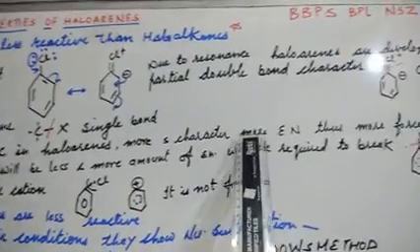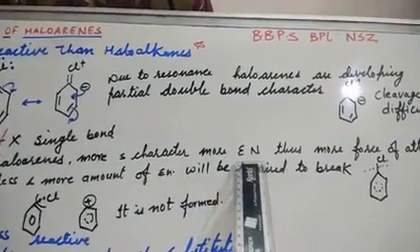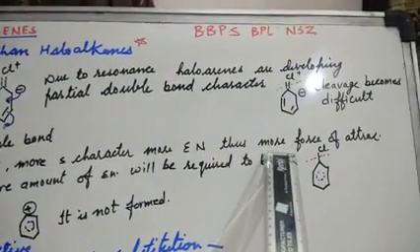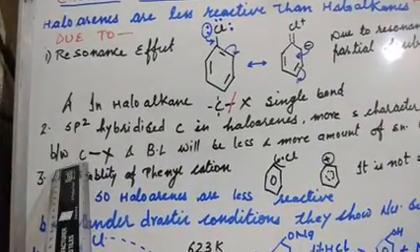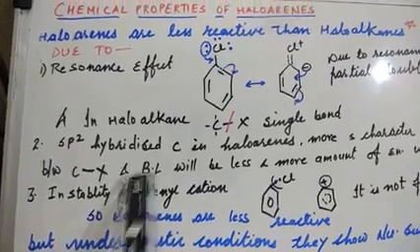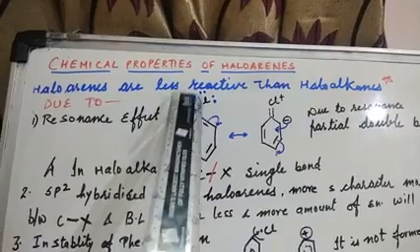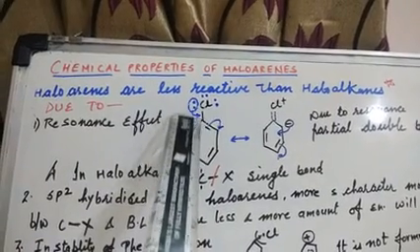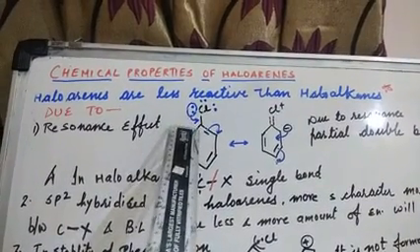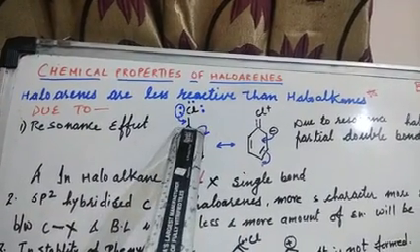More S character, so electronegativity will be more. If electronegativity is more, the force of attraction between C and X, that is the carbon of benzene, will be more. More is the force of attraction between these two, less is the bond length. अगर bond length कम हो गई है, तो more amount of energy will be required to break this bond.